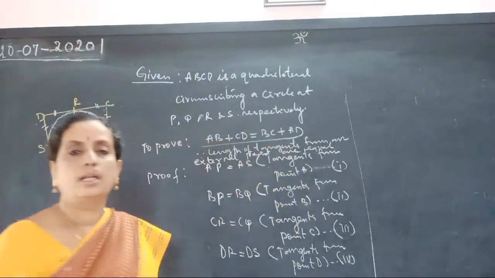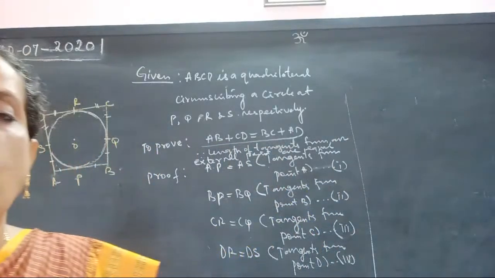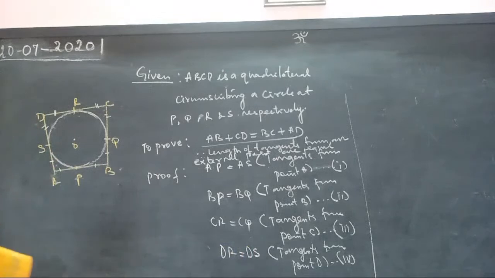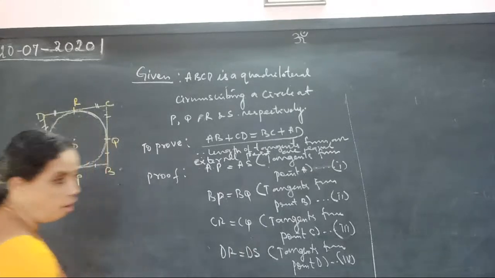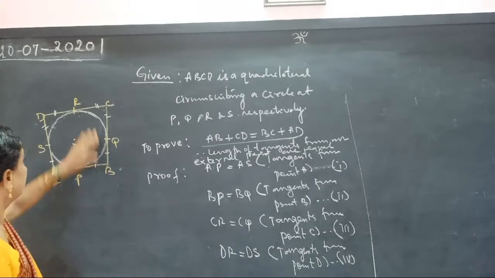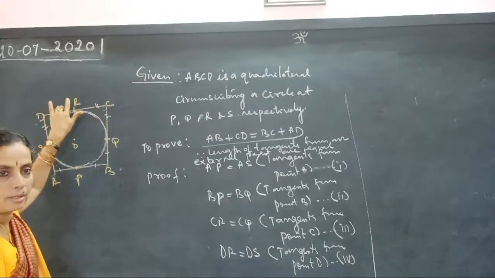The results I have taken are according to theorem 10.2, that is, the lengths of the tangents drawn from an external point to a circle are equal. Now we have to add up. See how I have taken AP, BP of this portion, CR, DR of this portion.